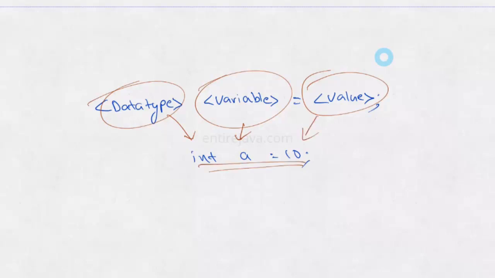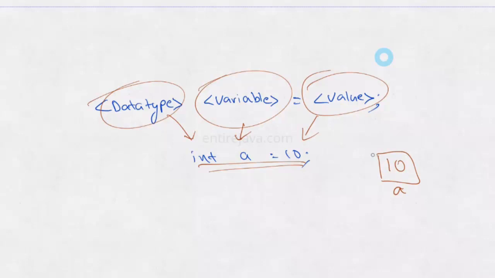Now let's try to understand what happens behind the scenes when we say int a equals 10. So when we run the program and when the interpreter comes across this instruction, it will create a memory location to store the value 10. And how would this memory location be identified? With an identifier, which is a in this case.